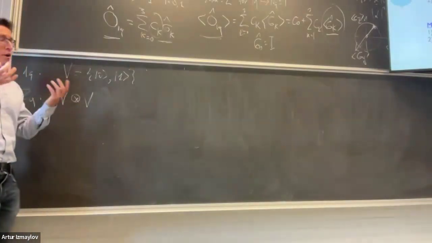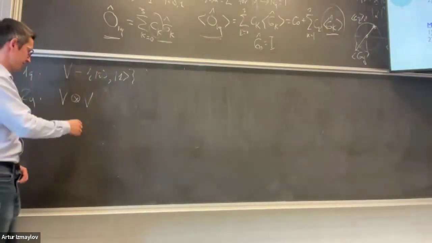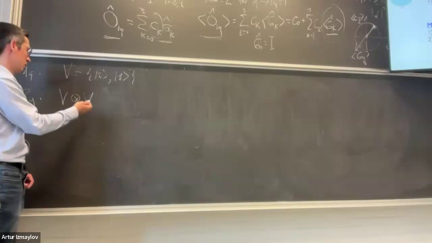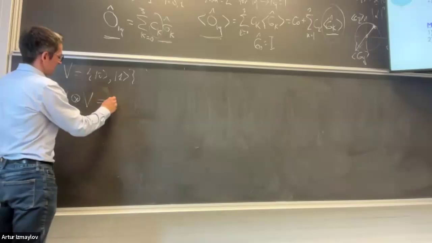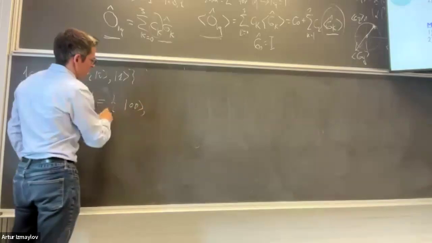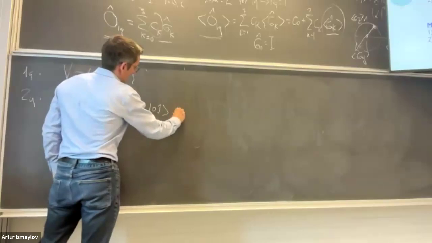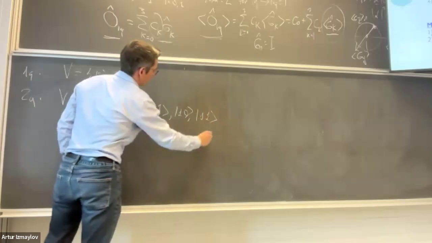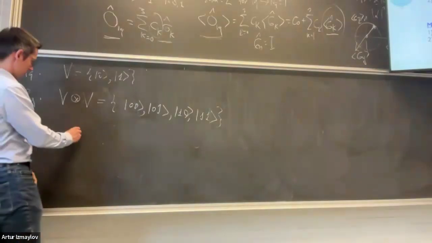When you have more particles, your wave function starts living in an exponentially large space, and that exponentially large space would generally be connected to the mathematical concept of the tensor product of spaces. And that tensor product will now have 4 vectors: 0 0, 0 1, 1 0, and 1 1.